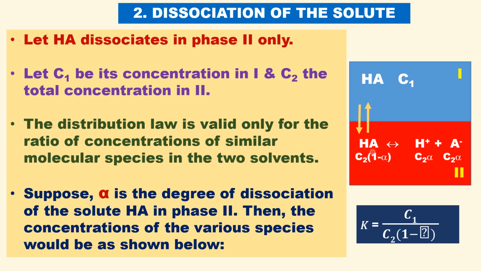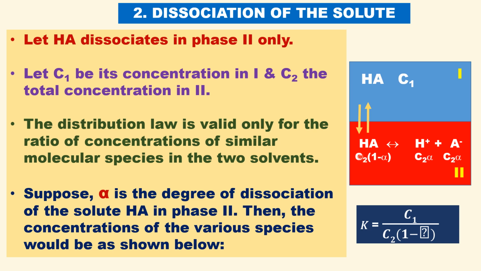HA is a weak acid. For example, acetic acid in aqueous solution undergoes partial dissociation or ionization, where alpha is the degree of dissociation, the fraction of solute dissociated, therefore 1 minus alpha.